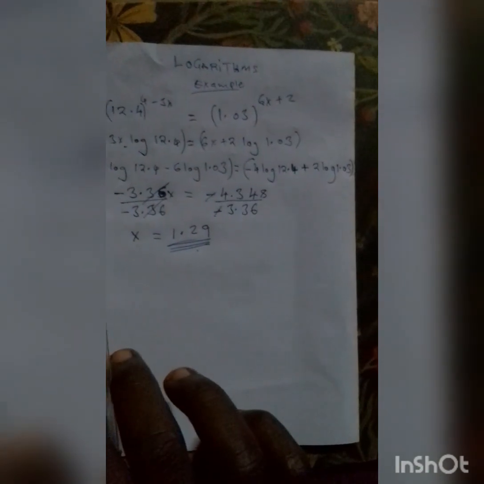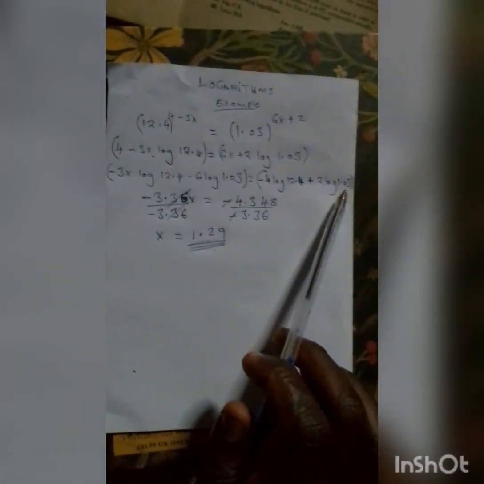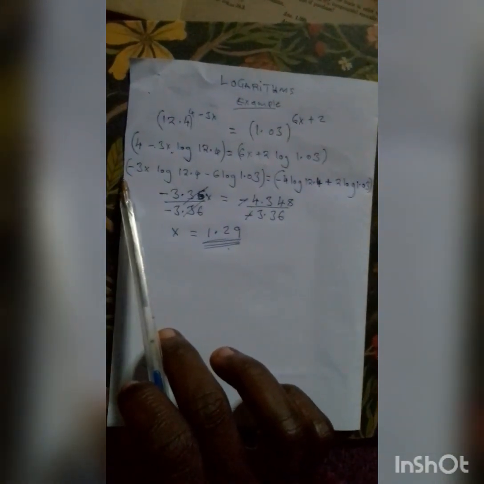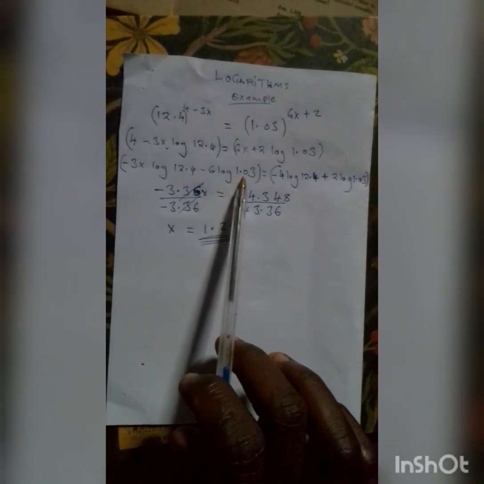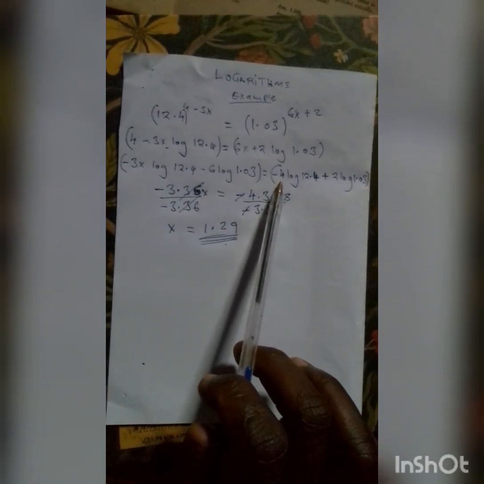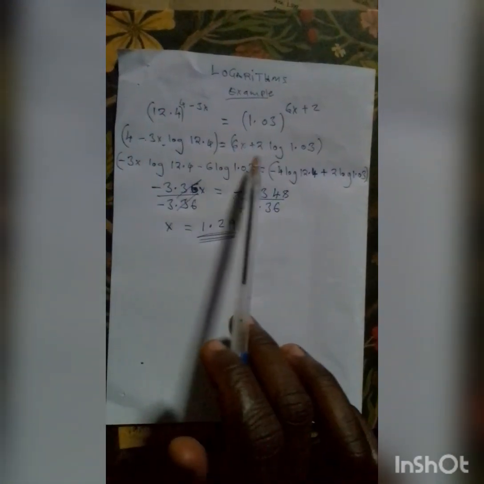From there you choose the right terms, like I did here, negative 3x log 12.4, negative 6 log 1.03 equals 4, and the remaining thing is here 4 and here 2.